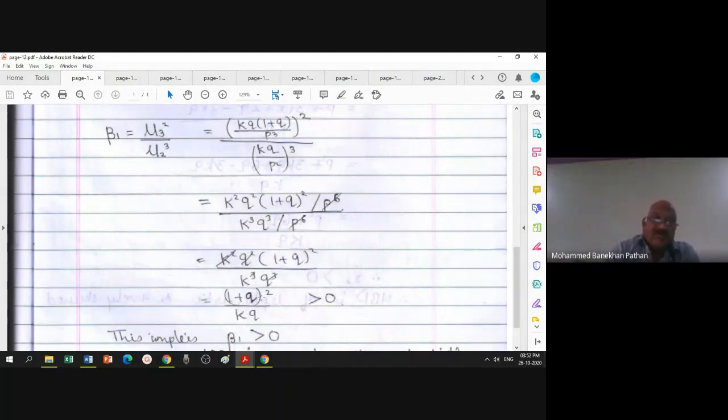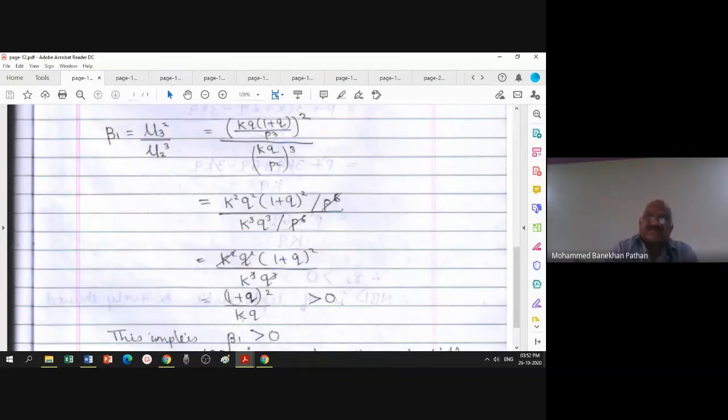Let us see now what will be the possible values of beta 1. We know that q is the probability of failure and probability is never negative. So q is a positive quantity. Ultimately, 1 plus q becomes a positive quantity. So in this expression, the numerator has a plus sign.